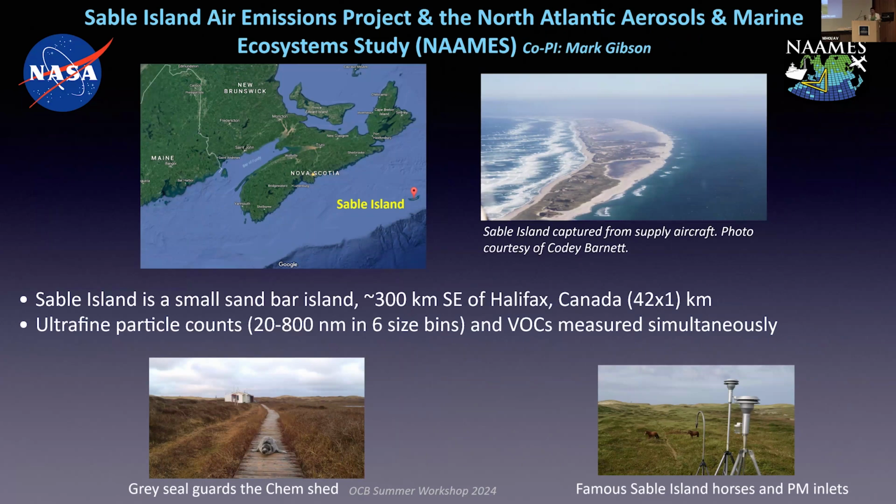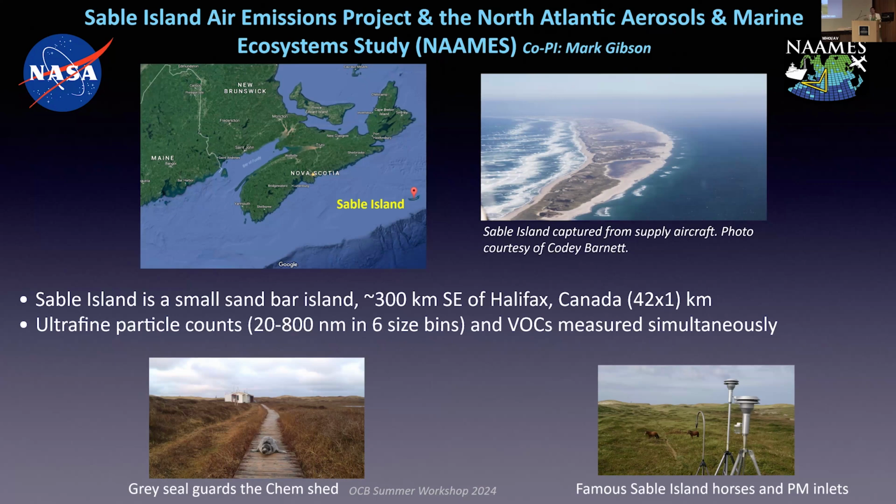We measured all manner of atmospheric chemistry metrics, which included ultrafine particle counts in several size bins, along with simultaneous measurements of VOC. If you Google Sable Island, the first thing that you're going to see are beautiful pictures of the wild herd of horses that lived there. They were shipwrecked hundreds of years ago, and now they just live there endemically.